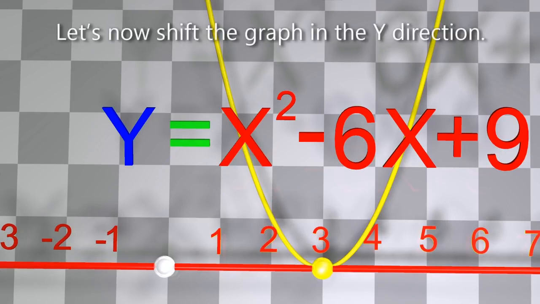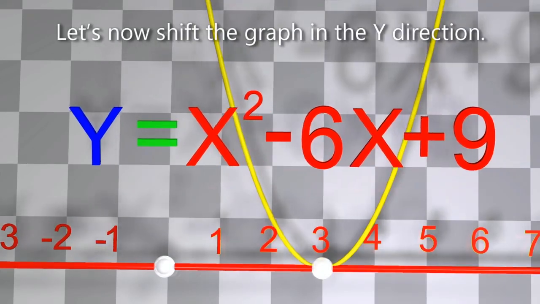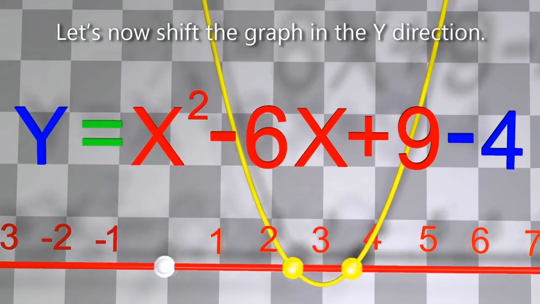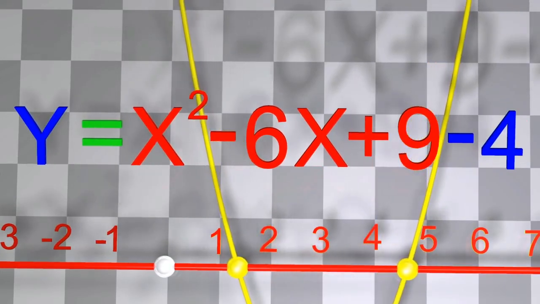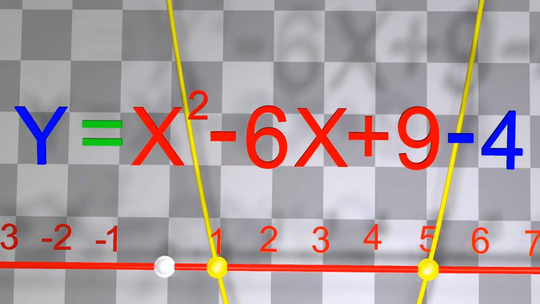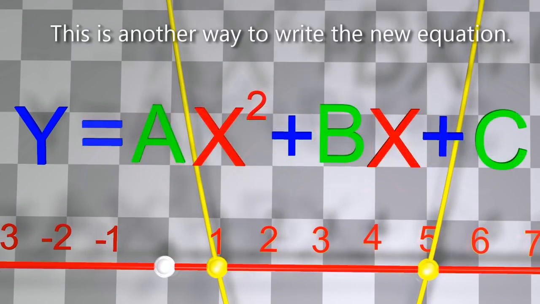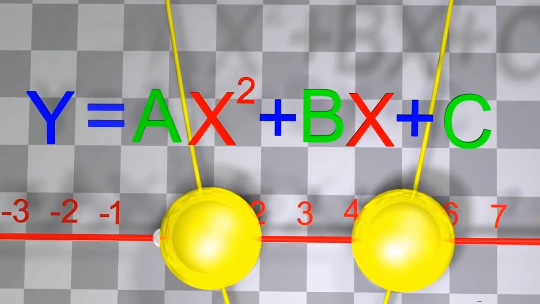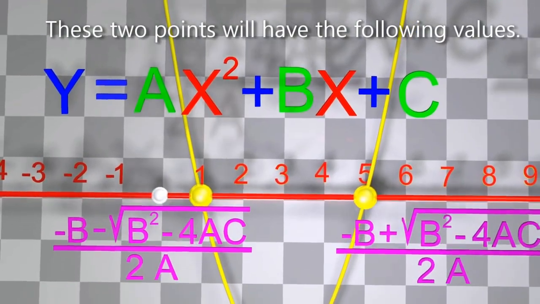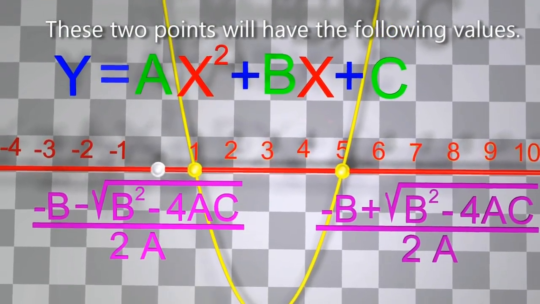Now let's shift the graph in the y direction. This is another way to write the new equation. These 2 points will have the following values.